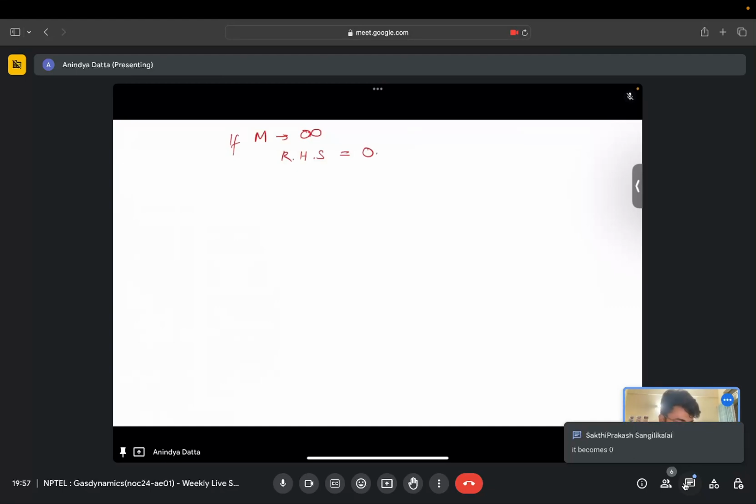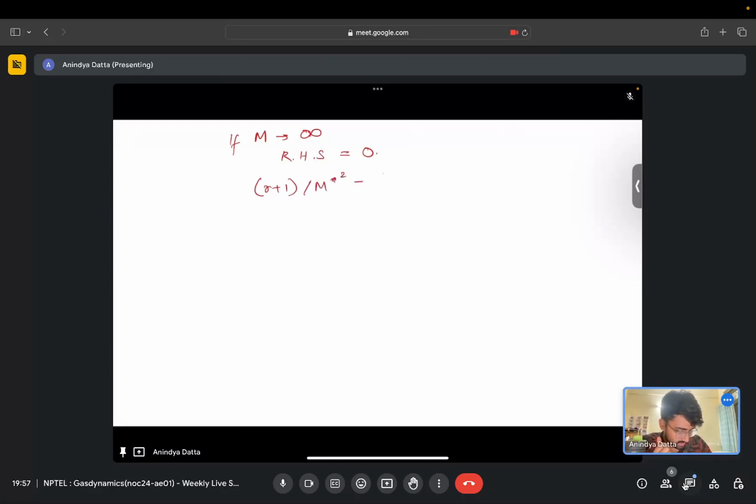So what we are left with is gamma plus 1 divided by M star squared minus gamma minus 1 tends to 0. If we rearrange, we get M star tends to square root of gamma plus 1 divided by gamma minus 1 when M tends to infinity.